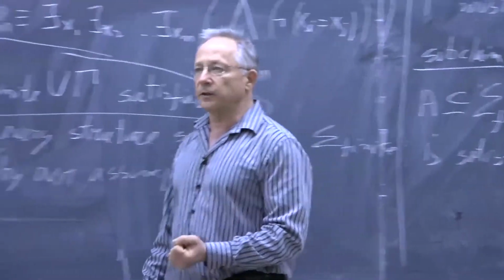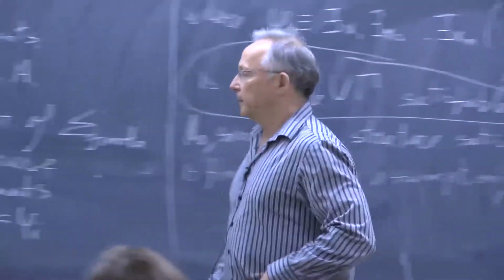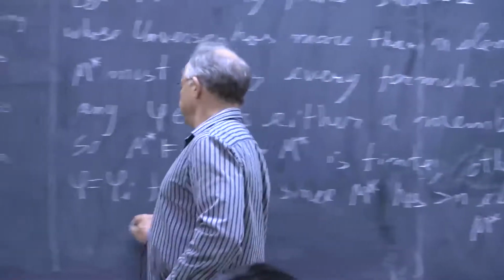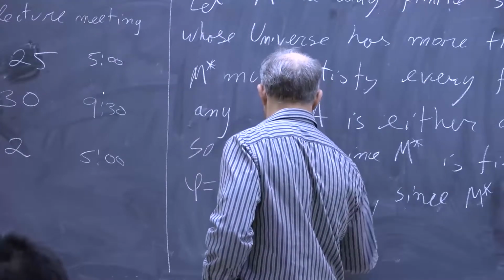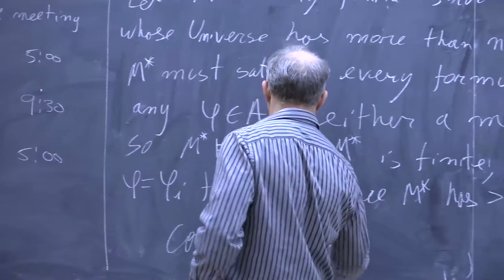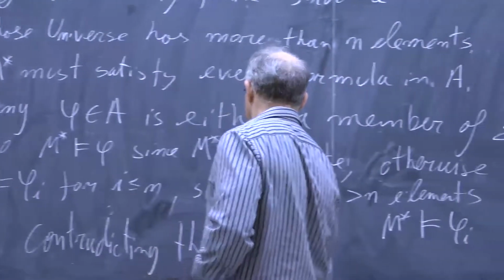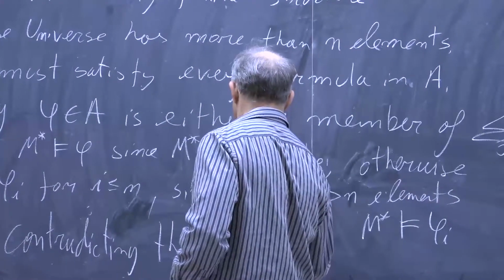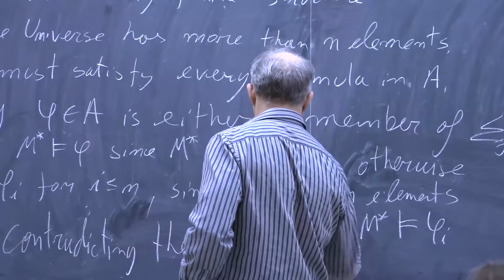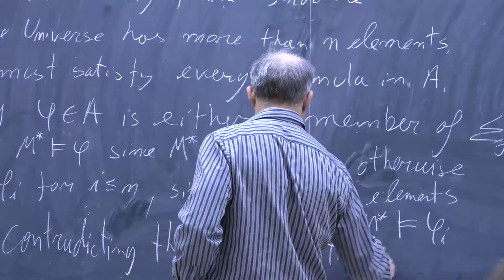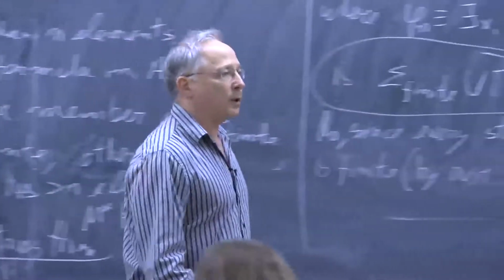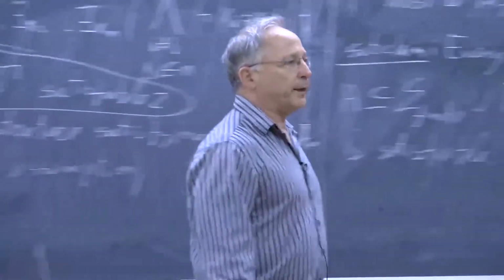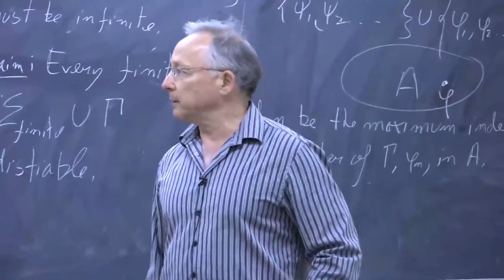So we got a contradiction to the compactness theorem. So using the compactness, we managed to show that the set of all finite structures is not definable.